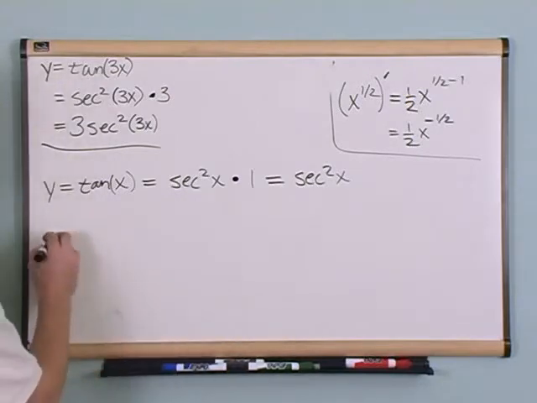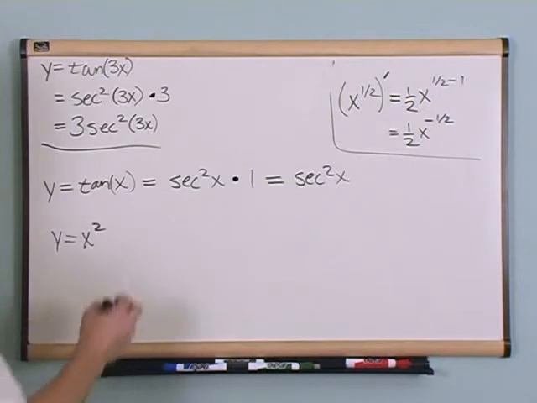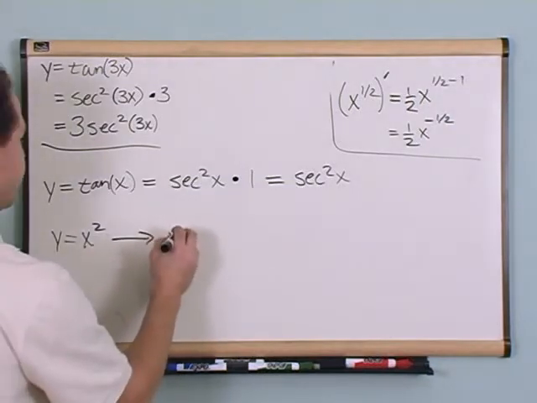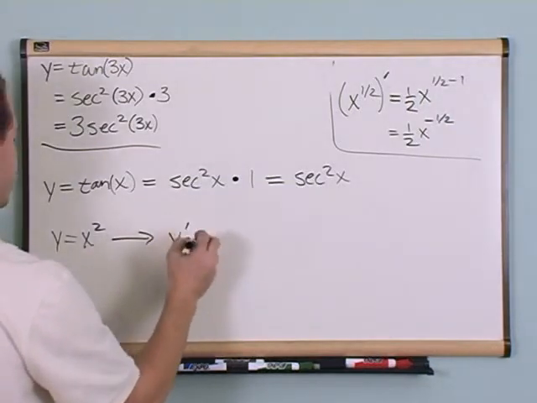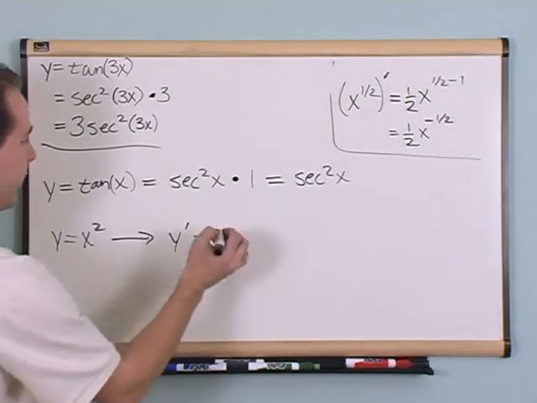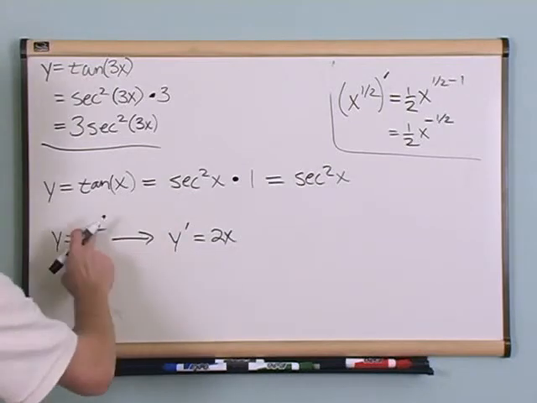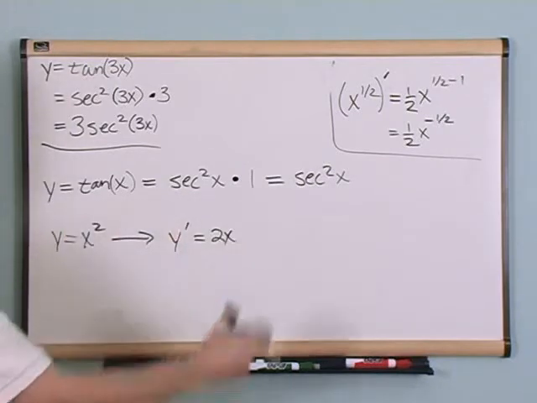The same thing with, what if we have y is equal to x squared? And I say, take the derivative, and you say y prime, which is the derivative, is simply 2x. And you stop. And you say, that's the answer, Jason, because you told me. You put the exponent out, you put the x, and you subtract 1 out of the exponent, and boom, that's it.